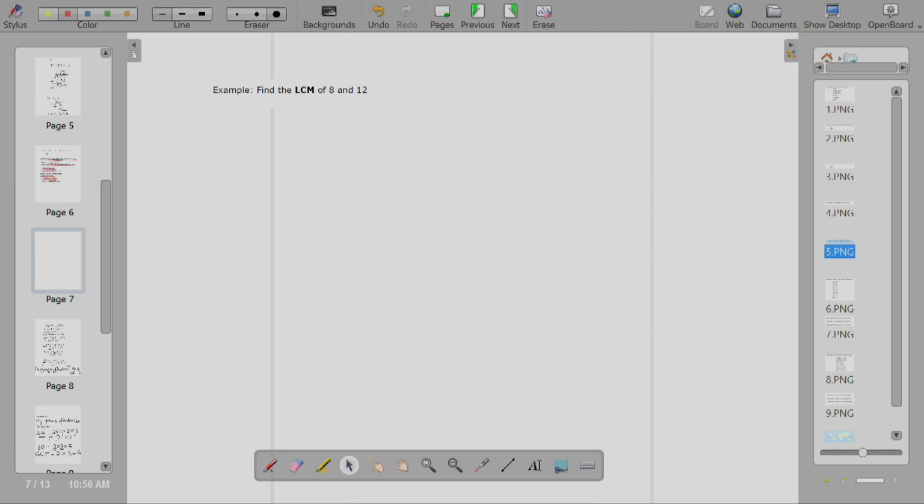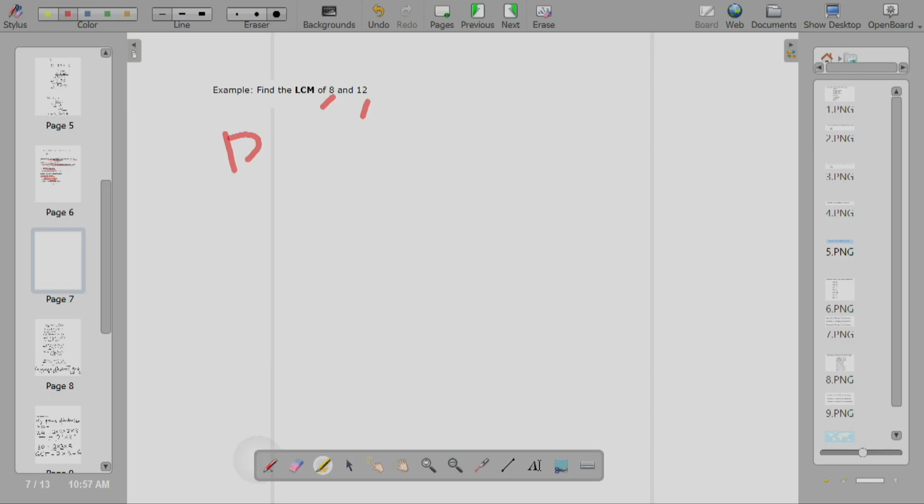So let's do an example concerning finding the LCM of numbers. In this example, we are required to find the LCM of 8 and 12. We will use both methods, the method of listing multiples and the method of prime factorization.